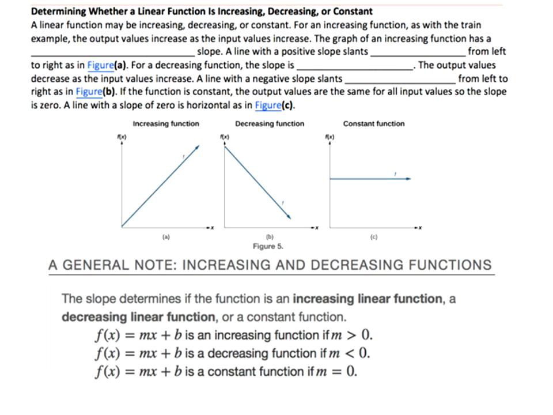Okay, so determine whether a linear function is increasing, decreasing, or constant. So we've already looked at these characteristics of functions of increasing, decreasing, and constant. A linear function may be increasing, decreasing, or constant. For an increasing function, as with the train example, so it was increasing 83 meters every second. The output value increases as the input value increases.